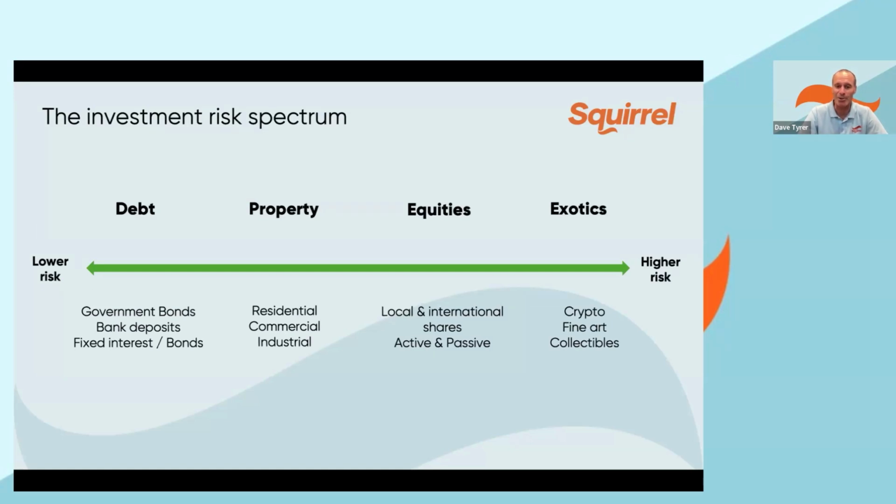So it could be residential, commercial, or industrial, where you own the property in some way, shape, or form. Keep going up that ladder, you get to equities, so it could be local share market, international shares, could be active, could be passive, and then you get to exotics. So generally speaking, lower risk and lower volatility at the left hand end of that spectrum, and a bit more risk and volatility at the right end of the spectrum.